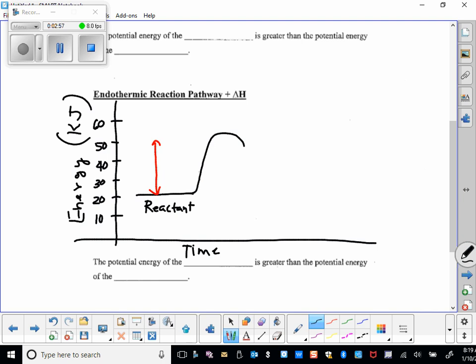You should know this. There is a diagram. What is the top thing called? The top of the curve. What is it called? Activated complex. All right? What it forms is an activated complex right here.